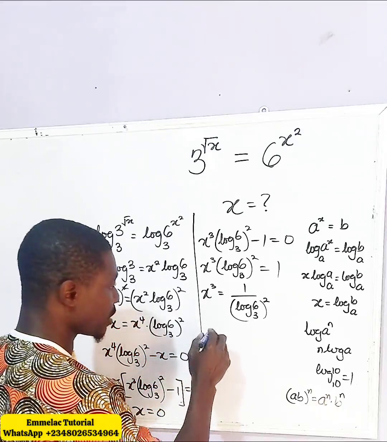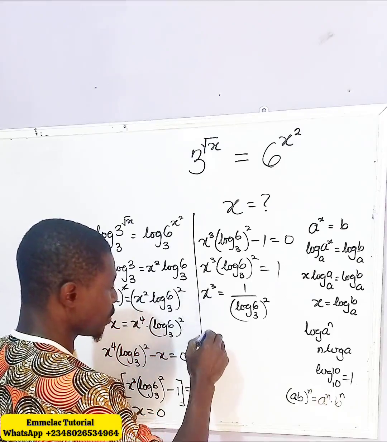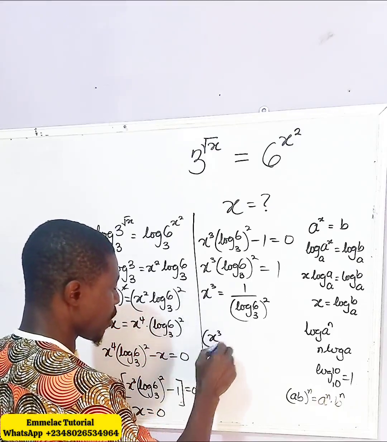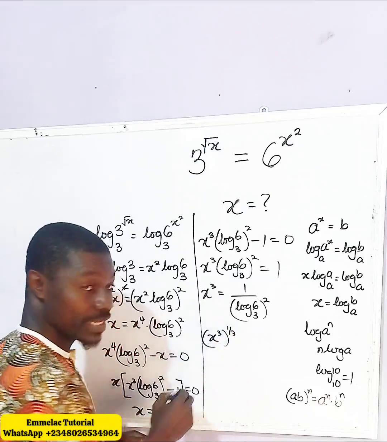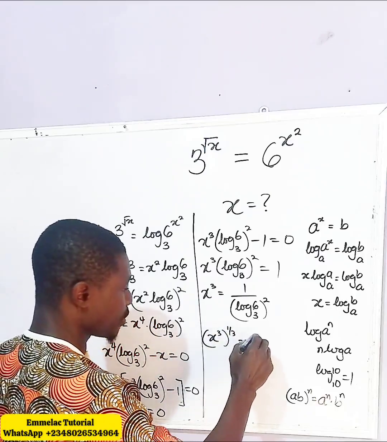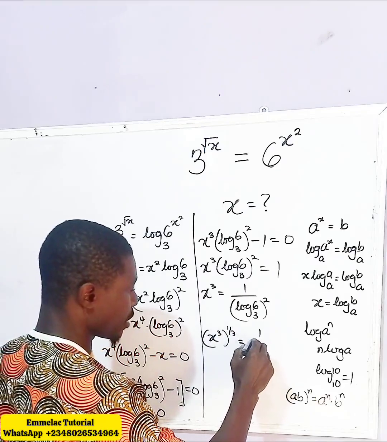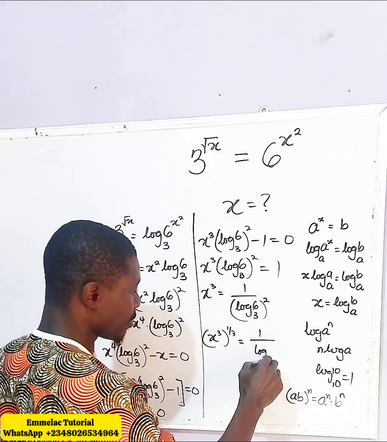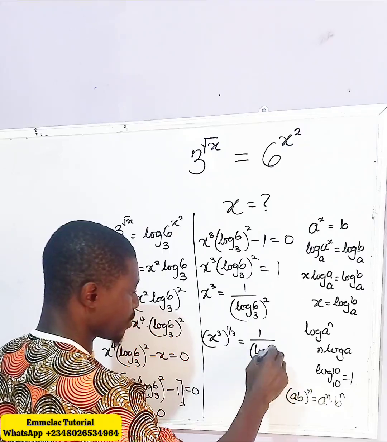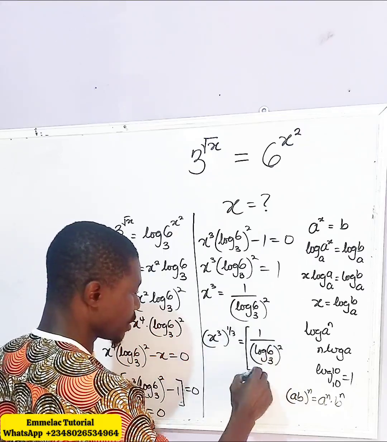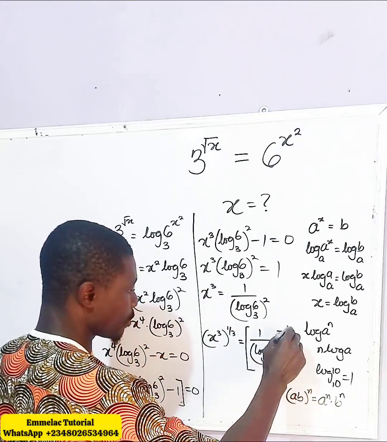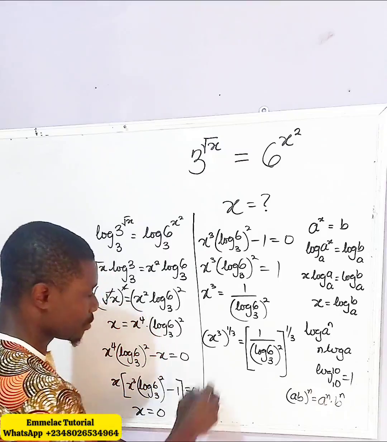So we can say the whole of x raised to the power of 3, all raised to the power of the reciprocal of 3, equals 1 all over log 6 base 3 all raised to the power of 2, all raised to the power of 1 over 3.